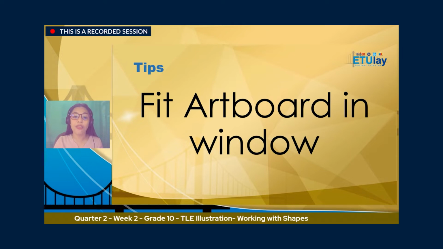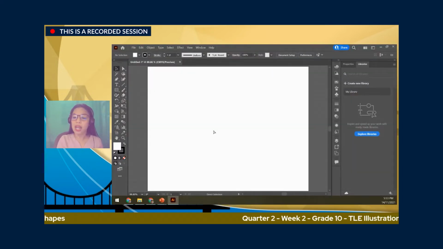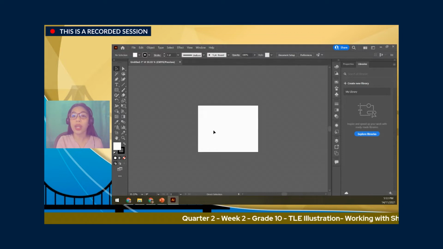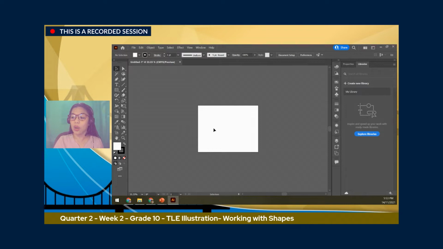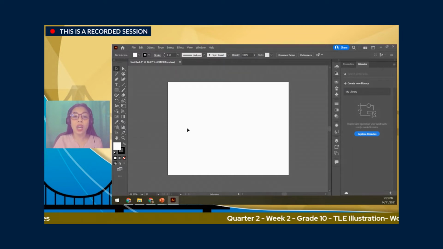We can fit artboard in window. Para saan ang pag-fit ng artboard sa ating window? Okay, makikita natin ang ating window ay pwede siyang maging maliit, pwedeng mas malaki. Okay? So, para ma-visualize mo ano ba ang size or ano ang area ng inyong document window, maganda you can fit it in the window.